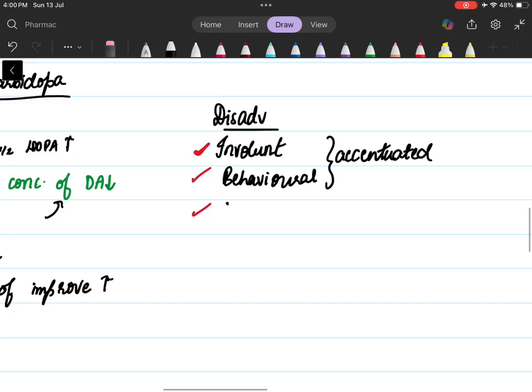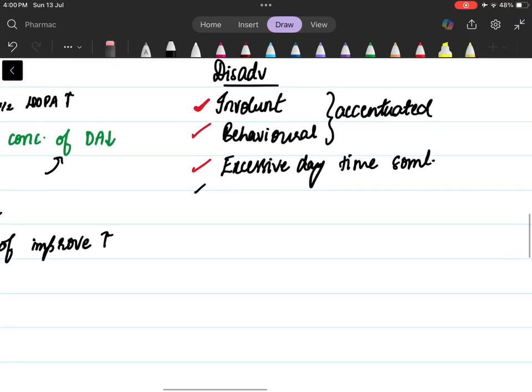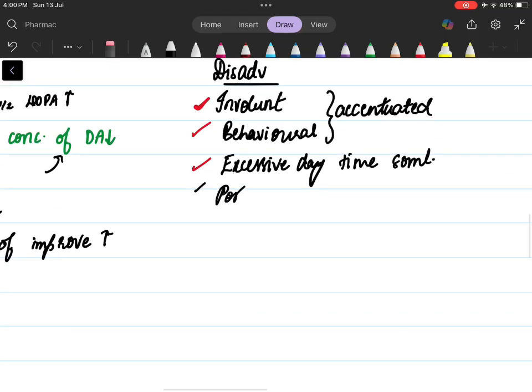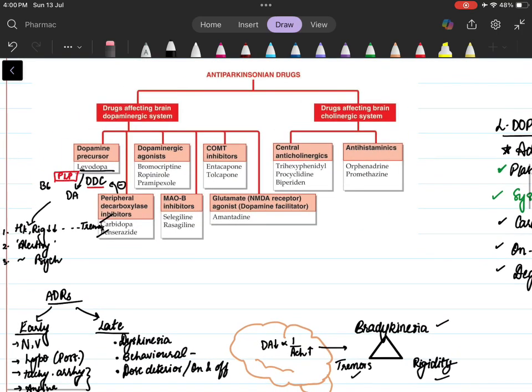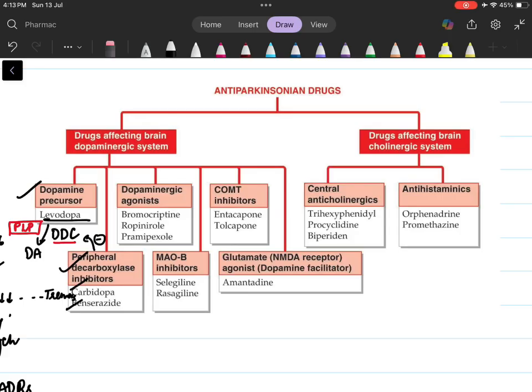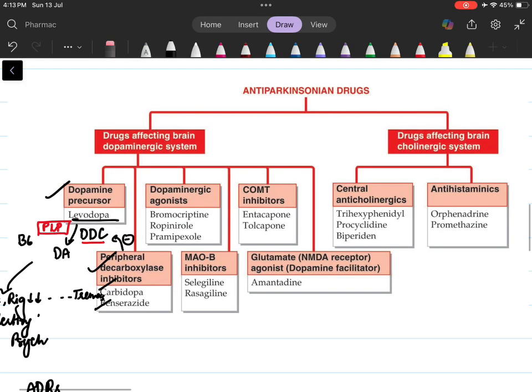Then there can be excessive daytime sleepiness or somnolence and postural hypotension. So these are all the disadvantages of the L-Dopa carbidopa combination, of which the first two are worse with the combination than with L-DOPA alone. I know the video is getting long, but we're done with the main drugs, I swear.